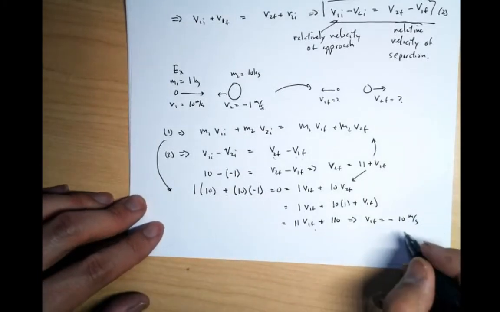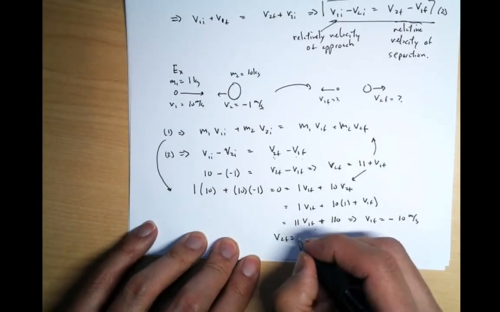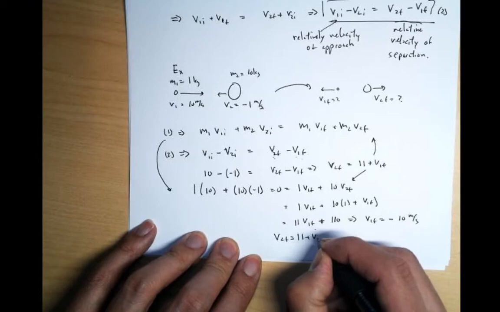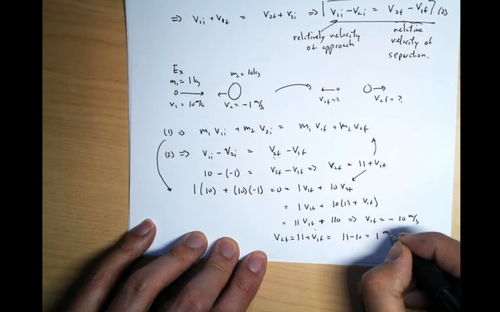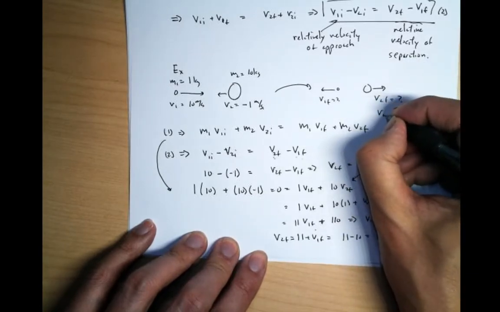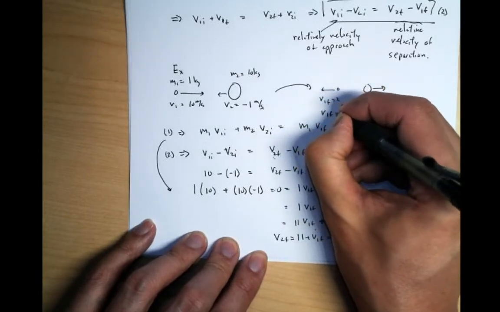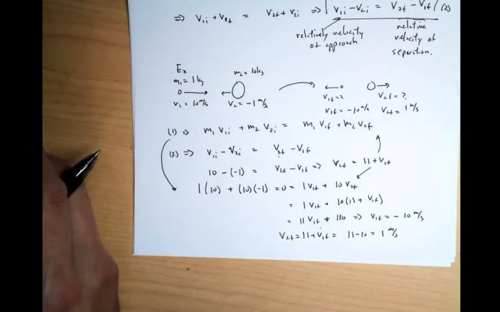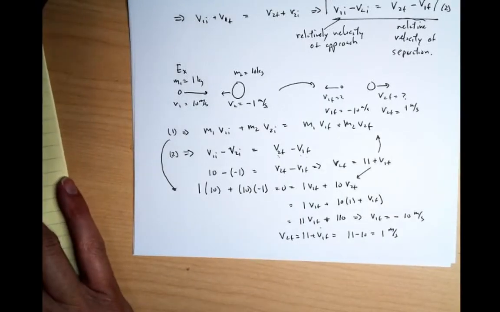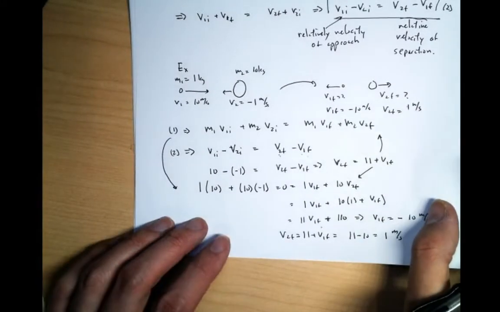Once we have that, V2F is 11 plus V1F, so 11 minus 10 is 1 meter per second. So this flies off at 1 meter per second, and this one flies off at minus 10 meters per second. They just bounced off each other more or less. Okay, that's the answer.